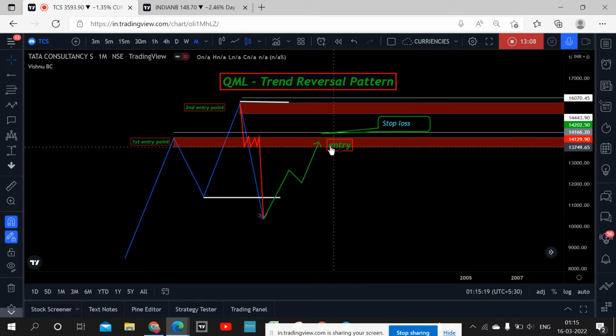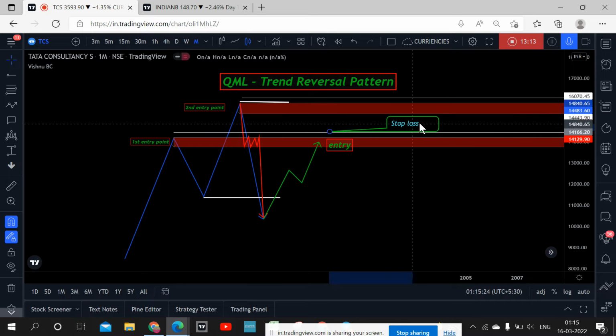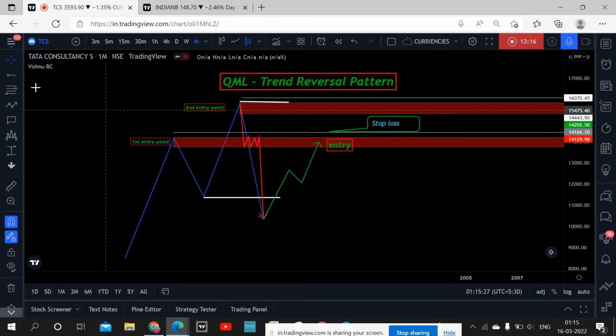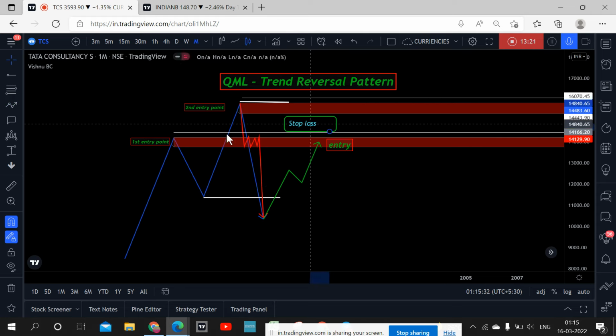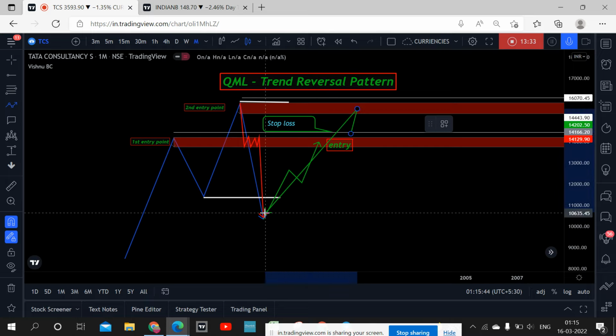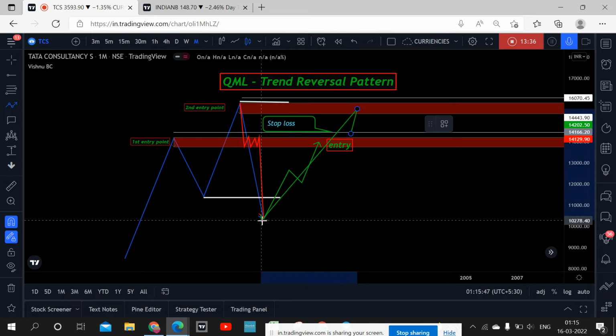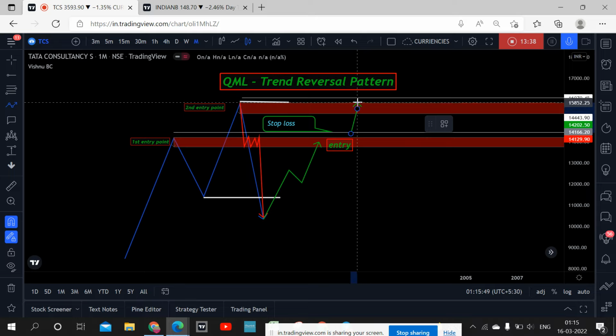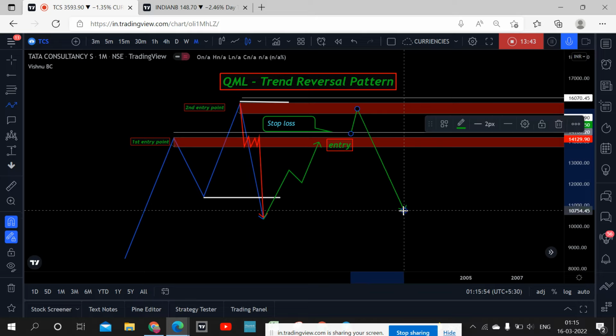Okay, and in case your stop loss is hit, you should make another entry when the price goes to this range. You need to initiate another sell at this point, because considering the fact that the trend has reversed and made a fresh lower low, the market would go to make a double top, and then it might reverse from there to here.